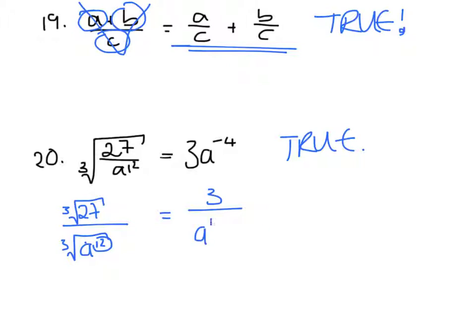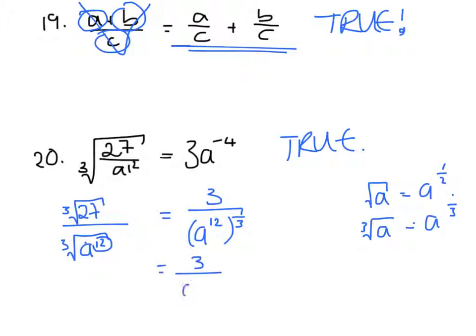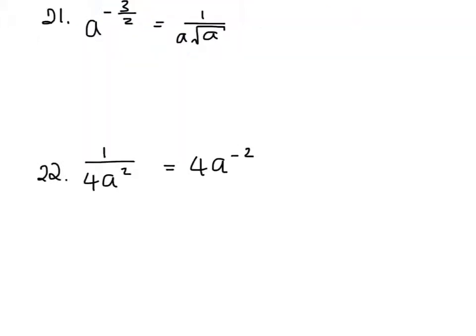What we've got here is a to the 12 to the power of a third, because in the same way that a square root gives a half, a cube root gives a third as an index. So we've got 12 times a third, which is 4. So we've got 3 over a to the 4. Now, this is on the bottom, so we can make that negative and write it all on one line. So we've got a to the power of minus 4, which is happy.